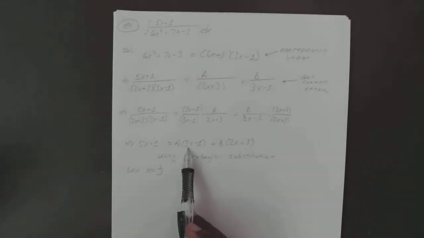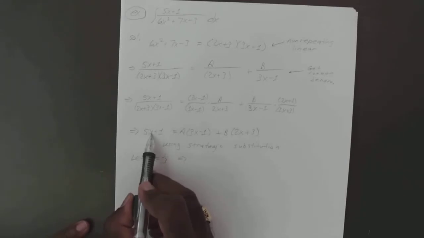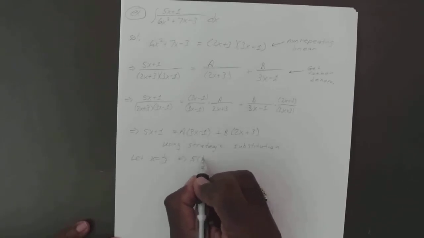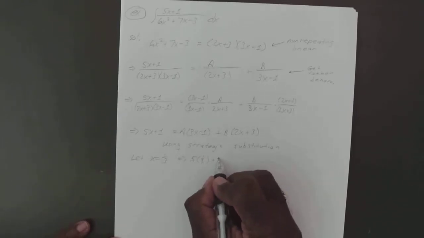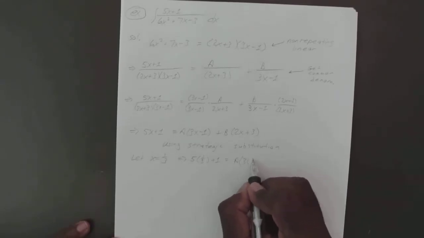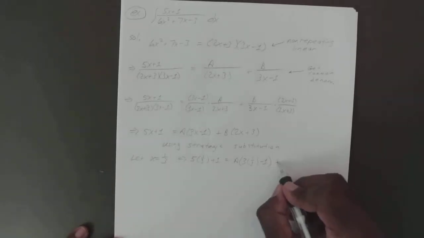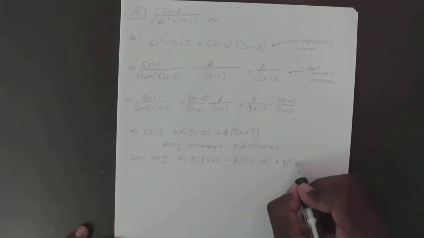Okay, so really all you're looking for is whatever value will make 3x minus 1 equal 0, which is 1/3. Okay, so that's 5 times 1/3 plus 1 equals A times 3 times 1/3 minus 1, plus B times 2 times 1/3 plus 3.